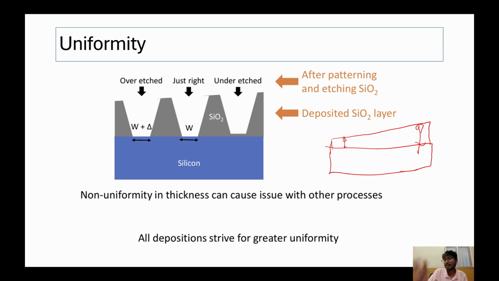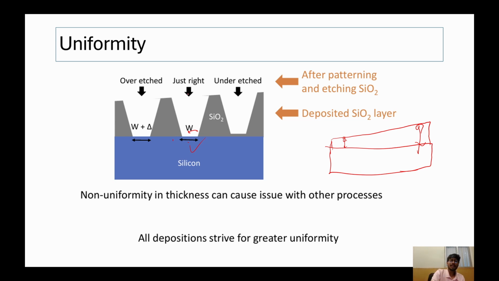Now this is a highly undesired thing, because for further processing, if you would like to etch this silicon dioxide, this can be the condition when you have optimized your recipe for this kind of width.